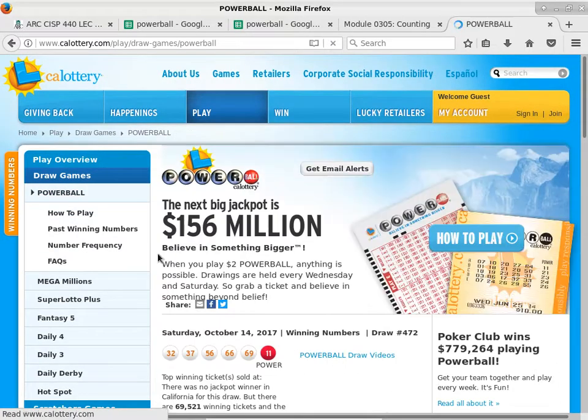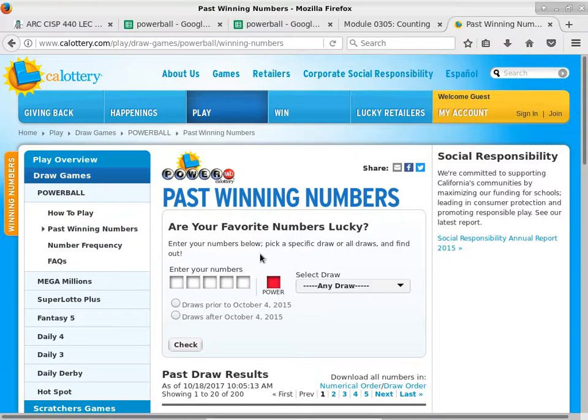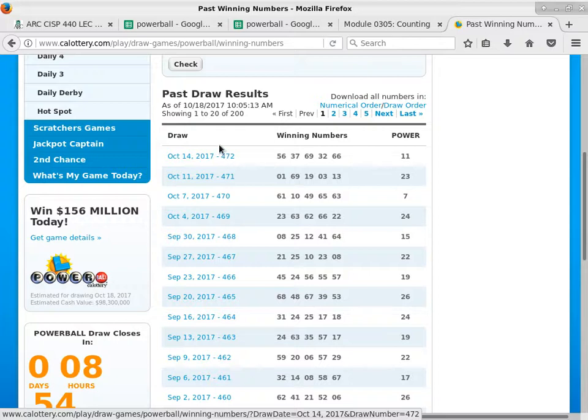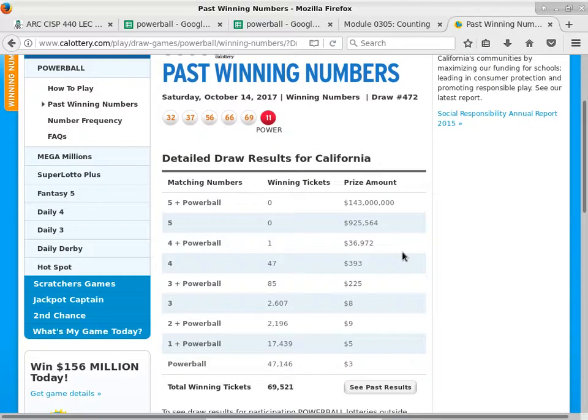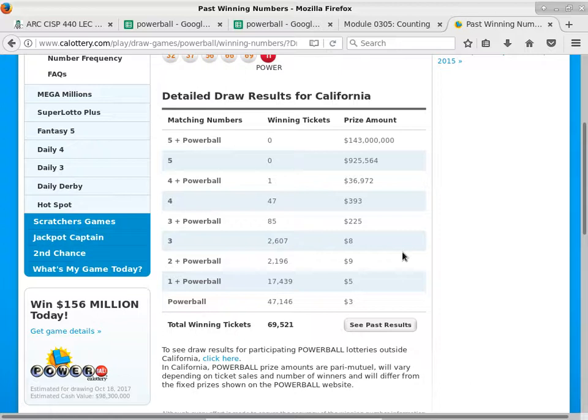When you go to past winning numbers, it tells you in a particular draw what the winning numbers are and also what the power number is. But if you click on that date, it will tell you how many people win each particular level of prize and how much money they earn out of each level of prize. So you can see that if you just match the Powerball, you get $3 back, not 1. So that's a little bit better.